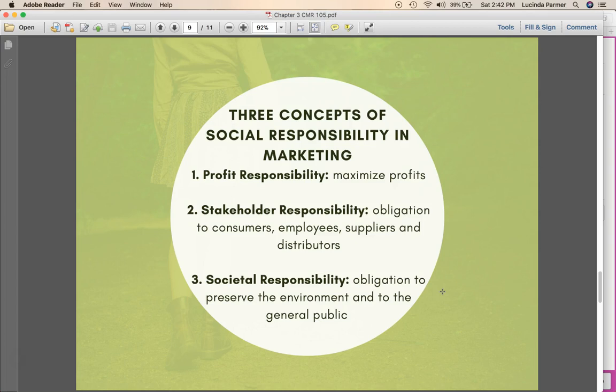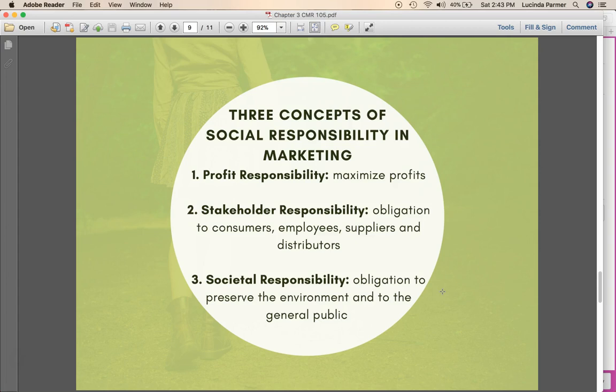Let's look here. We just have a couple more and then I'm going to let you go. The three concepts of social responsibility in marketing are, first, profit responsibility. Yes, companies need to be in business, especially if they're a for-profit organization as opposed to a nonprofit like Goodwill or United Way, but they need to be making money. They have stakeholder responsibility. These are people who are involved with that company inside and out: consumers, employees, suppliers, distributors, everybody involved.